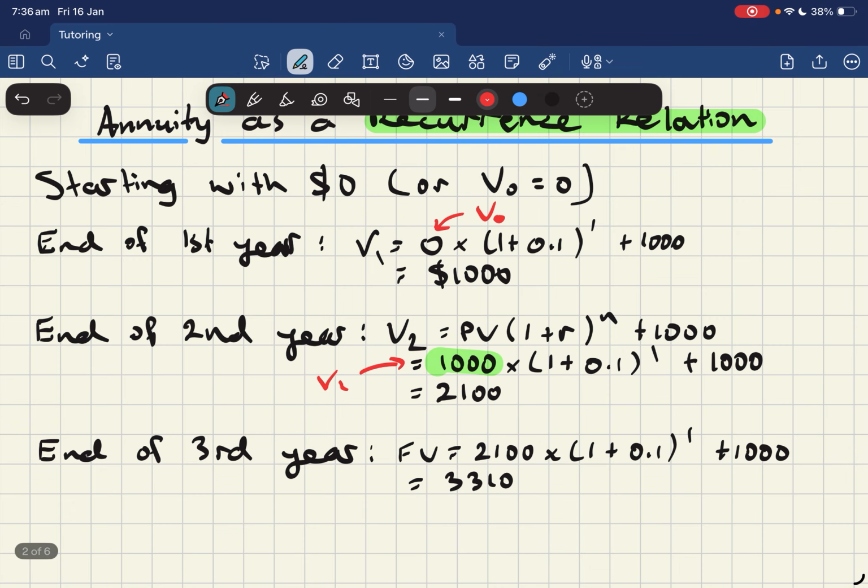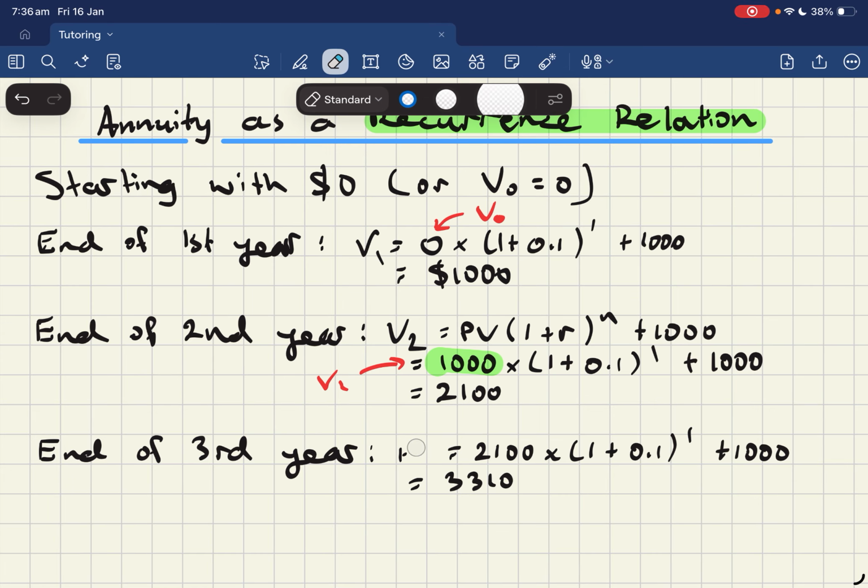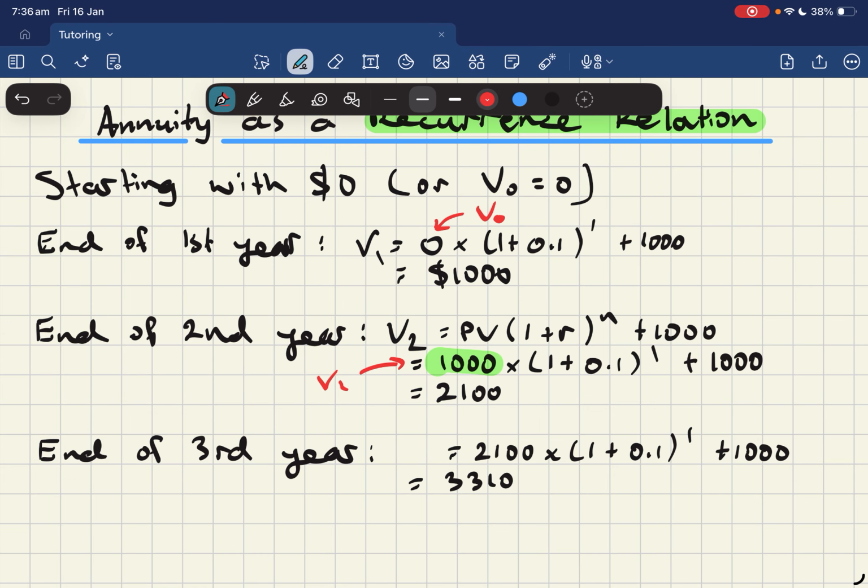Okay, let's look at the next one. At the end of the third year, our value at the end of 3 years, we'll call it V3, equals our value at the end of the second year, multiplied by this and then adding 1,000.